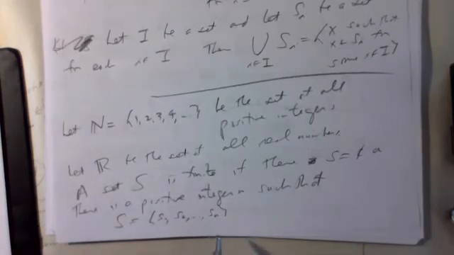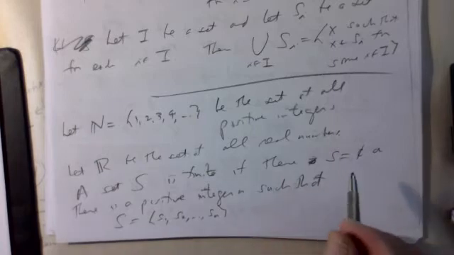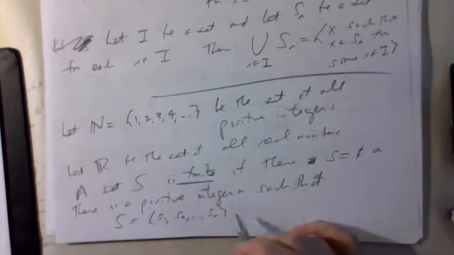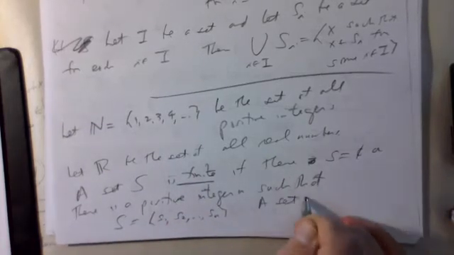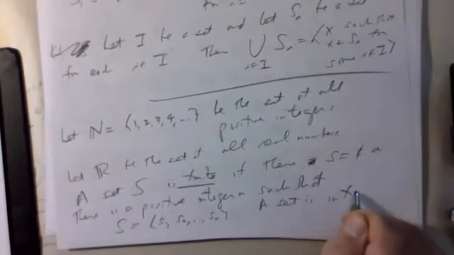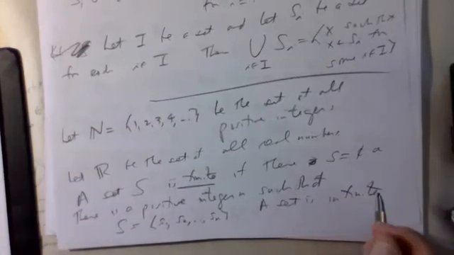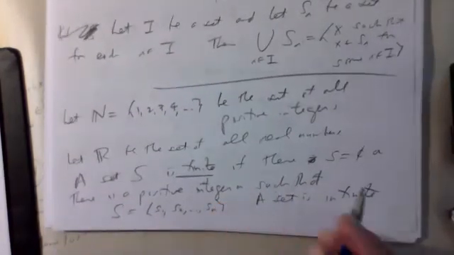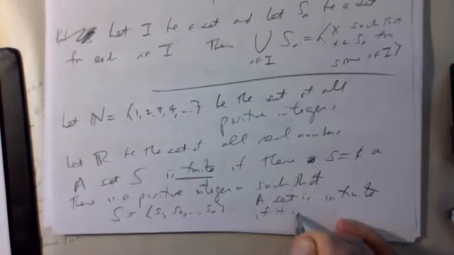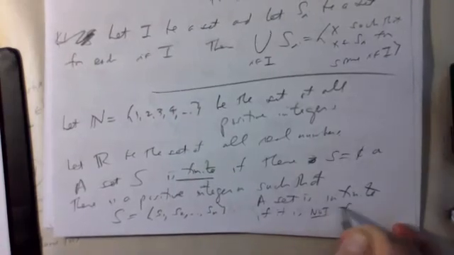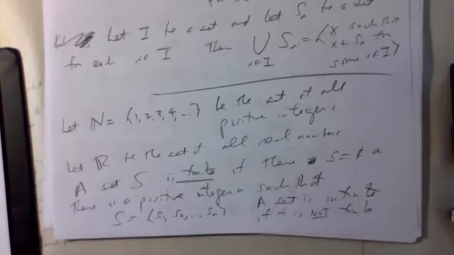These aren't necessarily distinct, but at any rate, this is a finite list of elements, which is everything in the set S. And that's what finite means. And a set is infinite if it is not finite. Infinite means not finite.